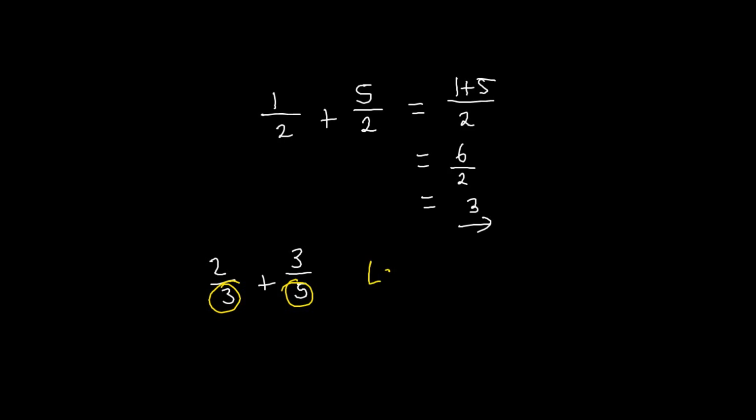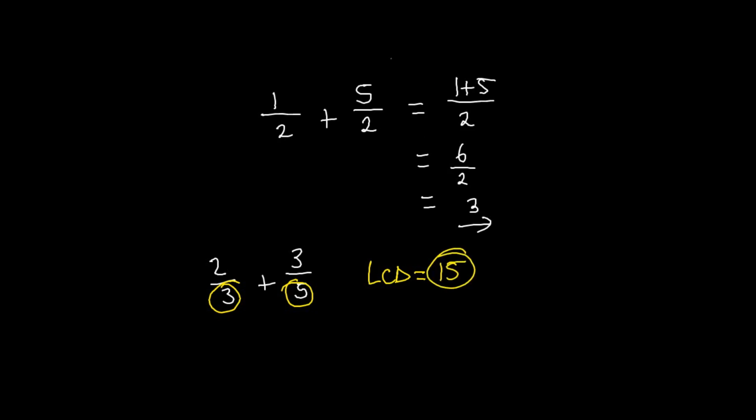If I list out the multiples of 3, that would be 3, 6, 9, 12, 15, 18, 21 and so forth. If I list out the multiples of 5, 5, 10, 15, 20, I'll see that the lowest common denominator will be 15, right?